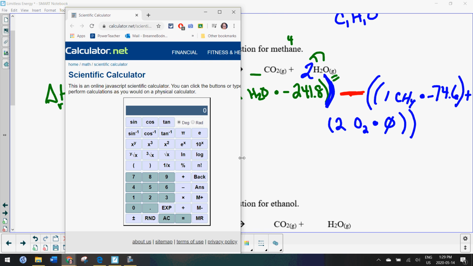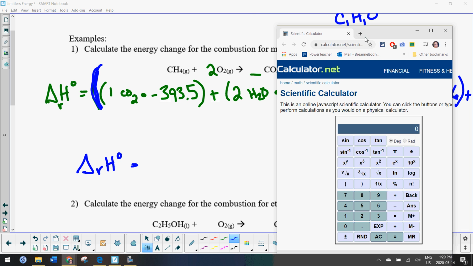Okay, so let's start over here. Bracket, bracket, bracket, bracket. So 2 brackets. Now you can't put CO2 into your calculator, so you're going to just drop the compounds and just put the numbers. So 1 times.